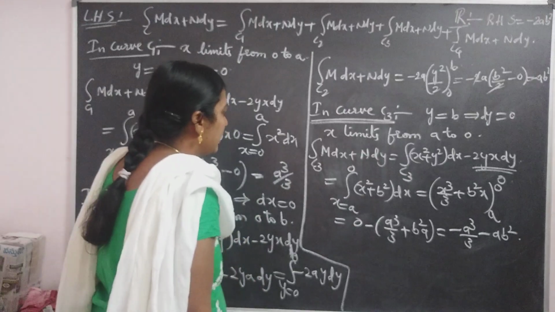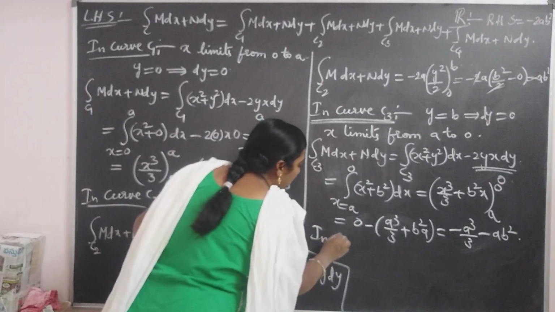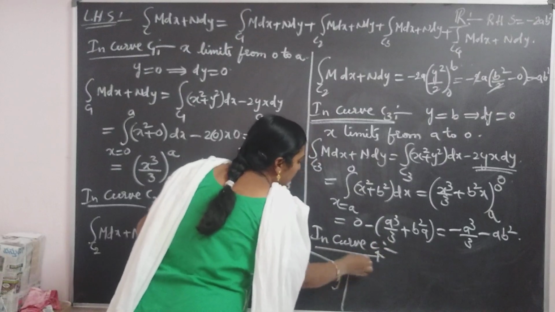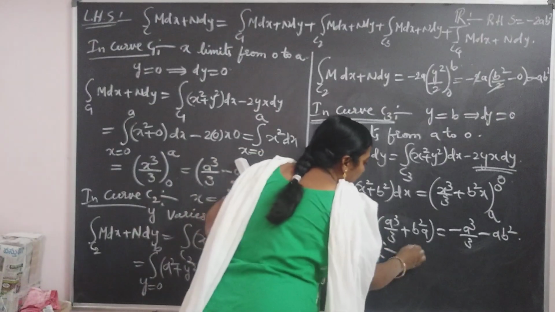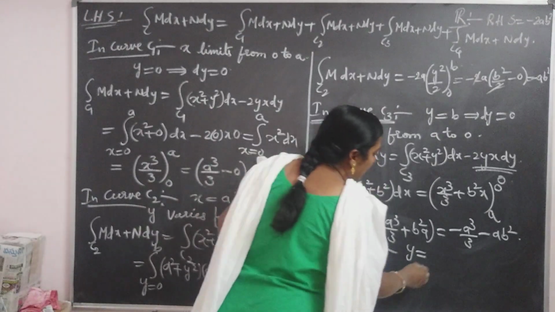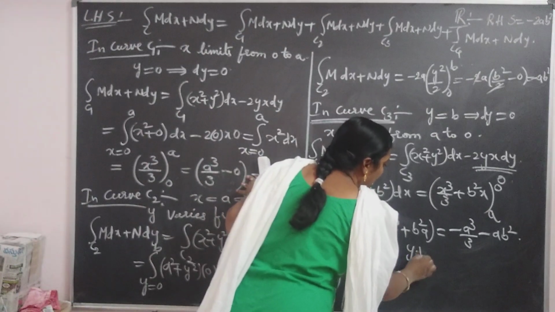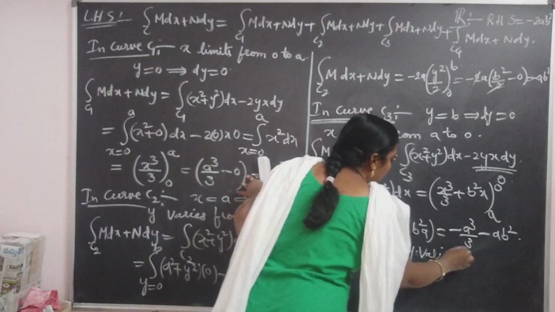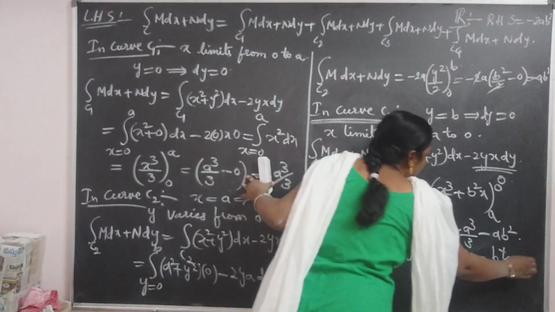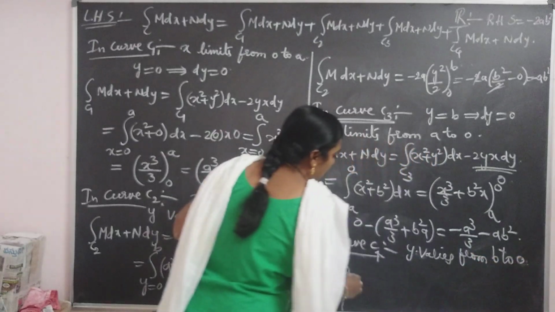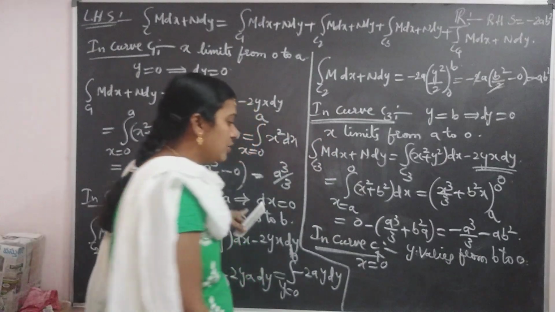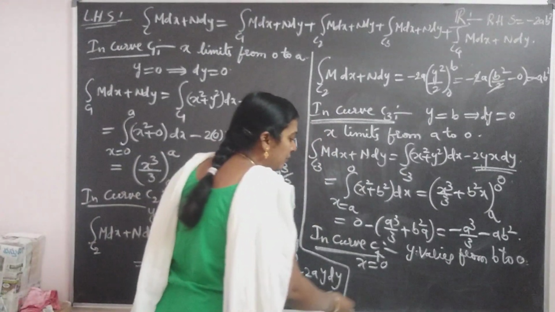That is curve C3. In curve C4, y varies from b to 0 and x is a constant, x is equal to 0 in C4.